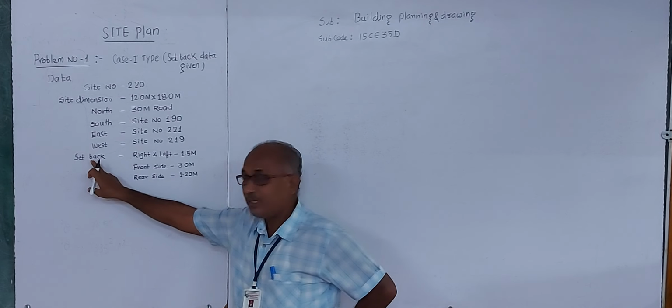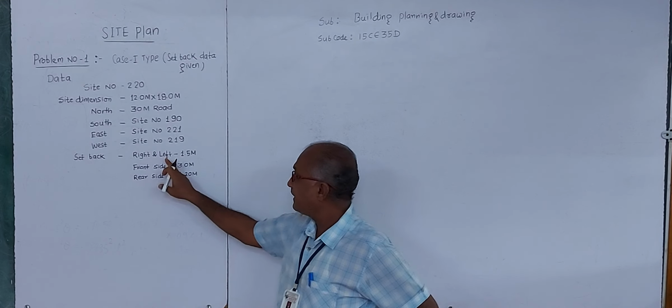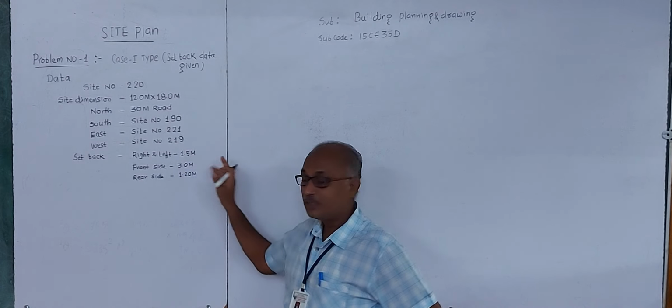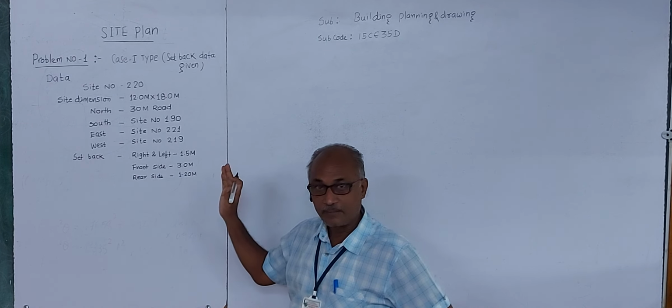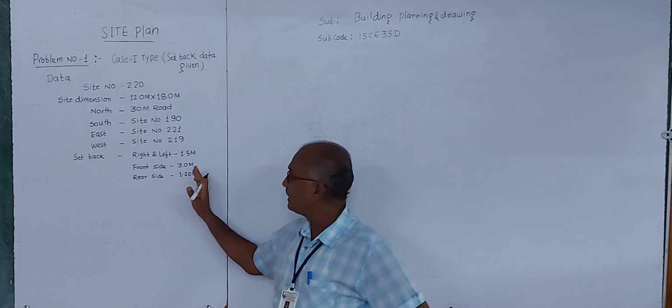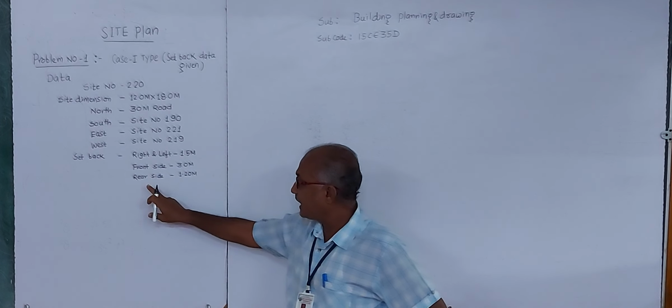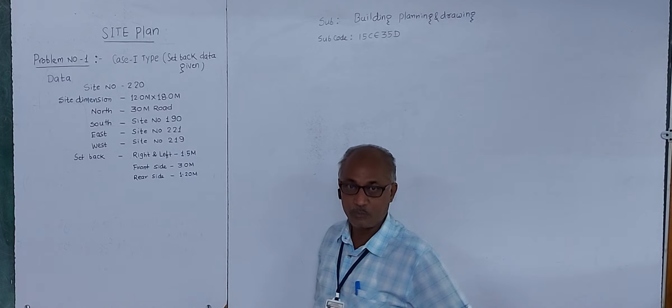The setback data is 1.5 meter on the right and left, depending upon the margin of the building and the site layouts, the front side will have 3 meter and the rear side will have 1.2 meter.